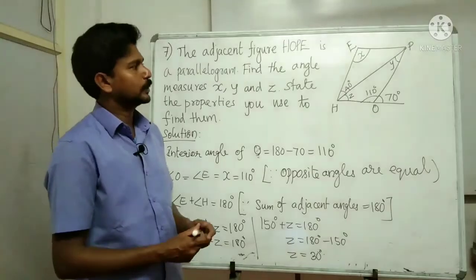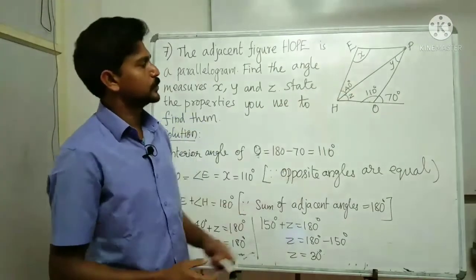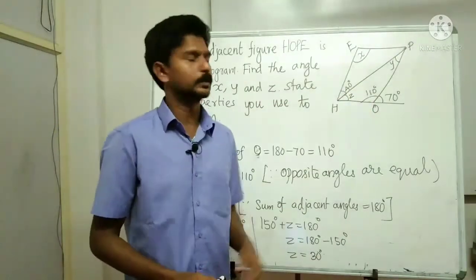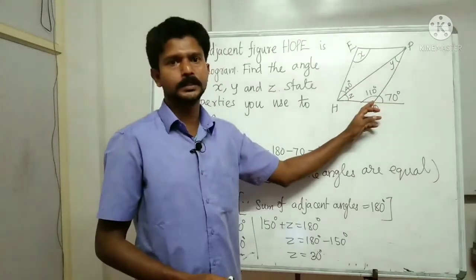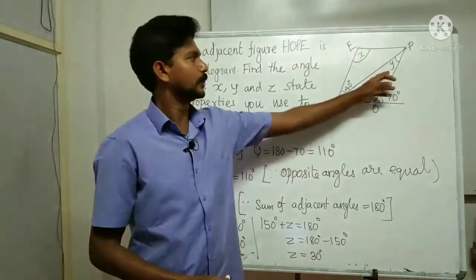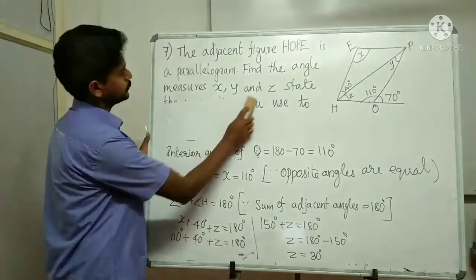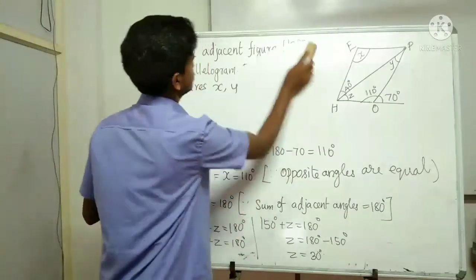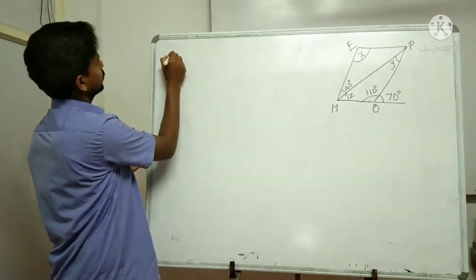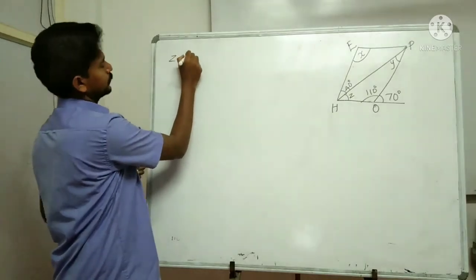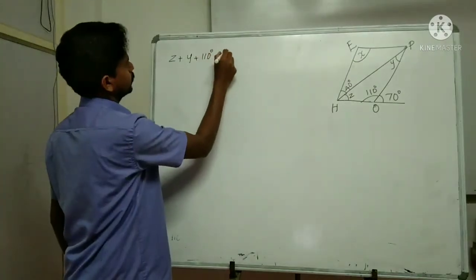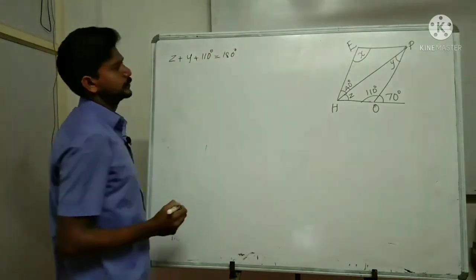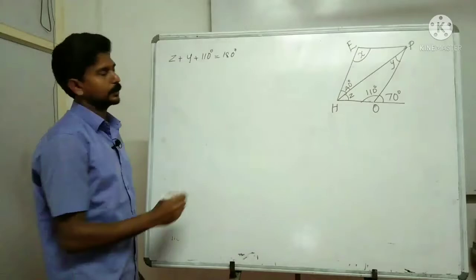Now we can find out the y value using the properties of the triangle. The sum of these three angles is equal to 180 degrees. Using that, we can find the value of y. So we can say that z plus y plus 110 is equal to 180 degrees.